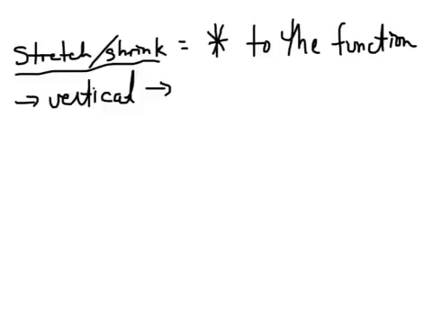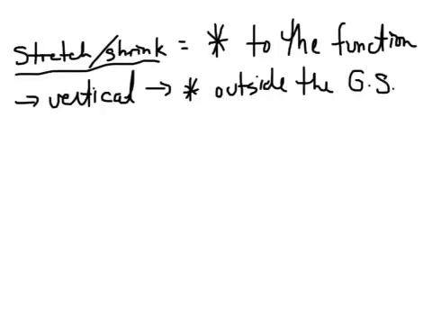Vertical will happen if it's multiplying outside the grouping symbol. Now, hopefully you guys have now put the likenesses or similarities together. When we vertically shifted, we were outside the grouping symbol. Same thing here. When you're vertical, you're outside the grouping symbol.